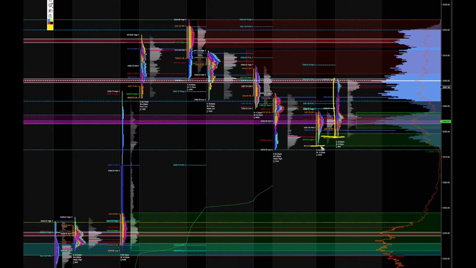So everyone's long from here and here, and you got a lot of volume trading up at the top. So this could be setting up for a little possible fade off the open.